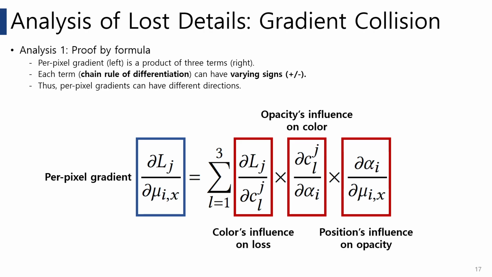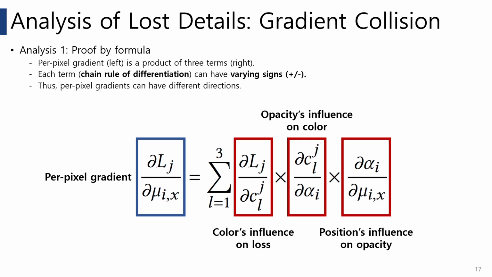The AbsGS paper also offers a proof by formula for this gradient collision. As shown, the per-pixel positional gradient can be decomposed into three main terms using the chain rule of differentiation, which is fundamental to backpropagation. These terms relate to how color influences loss, how opacity influences color, and how position influences opacity.